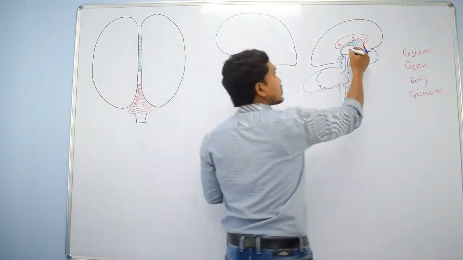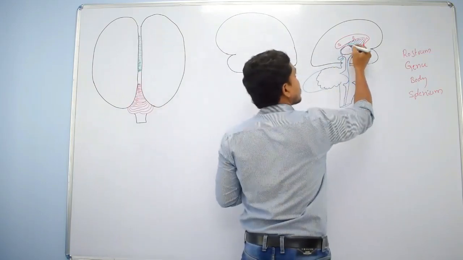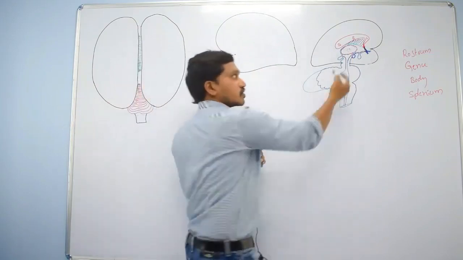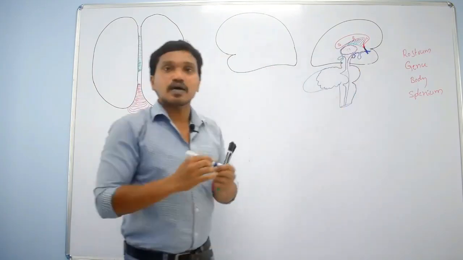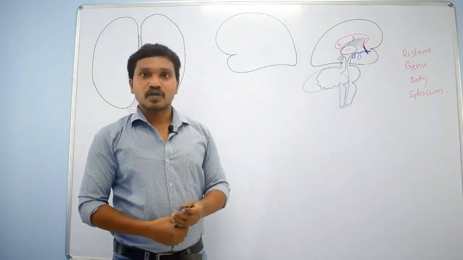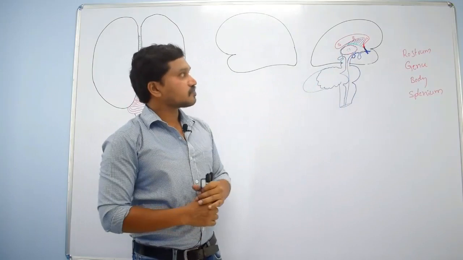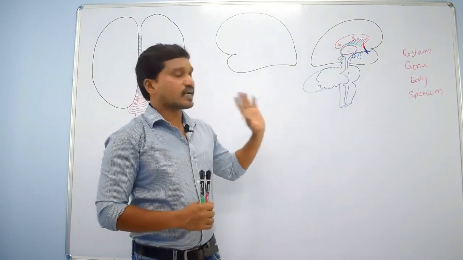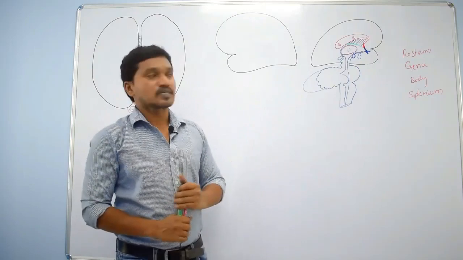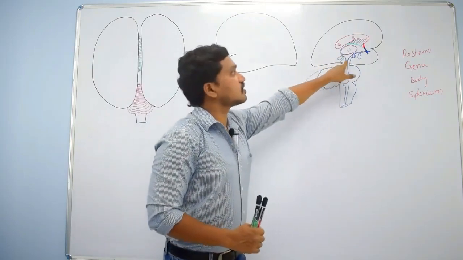And here you can see one adhesion. That means the two thalami are connected with each other. That adhesion we call the interthalamic adhesion, right?